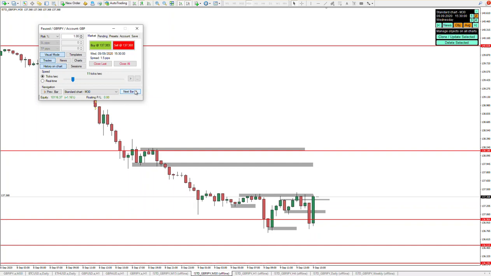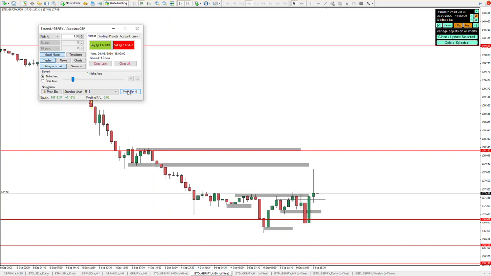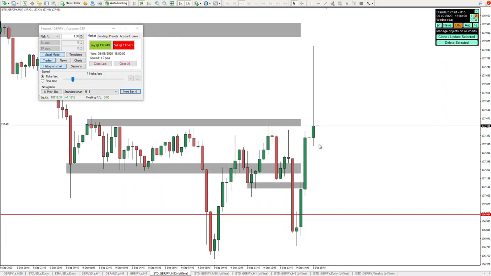Whoa, look at that. Right at the resistance again. Can buy, can sell. M15 did nothing in 15 minutes time. Wow. That is so beautiful. Wow, wow, wow.